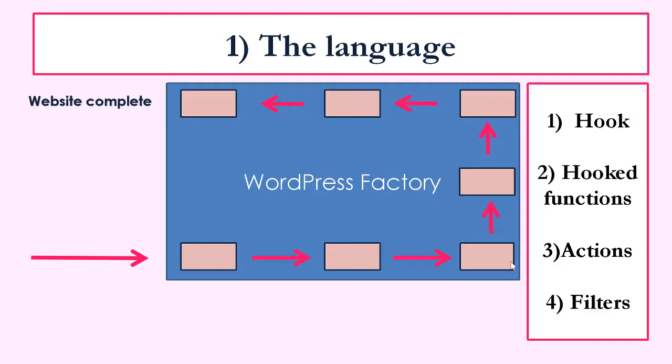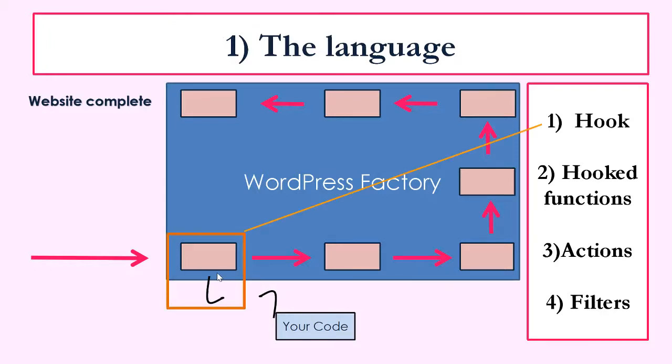Now, when we create a plugin, we make our own code, and we have to figure out at what step we want to attach our code. So we create a little hook, and we find the place in the process that we want to hook our function to.